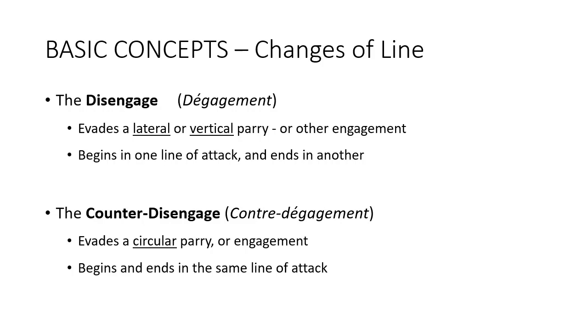Disengage begins in one line of attack and ends in another. The counter disengage, or contre-dégagement, is a movement that evades a circular parry or attempted engagement. It begins and ends in the same line of attack, as we shall see.